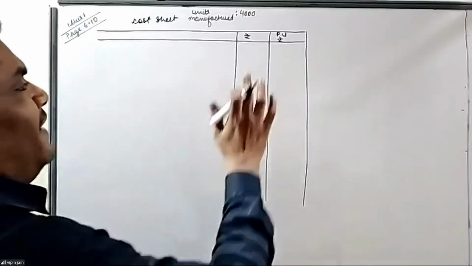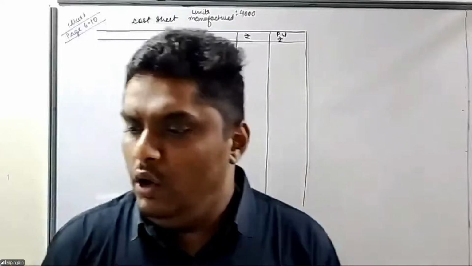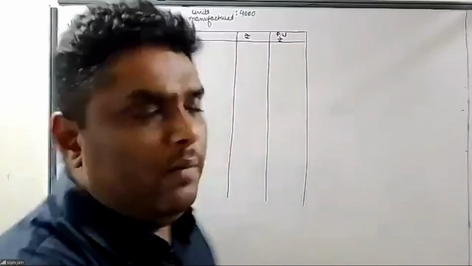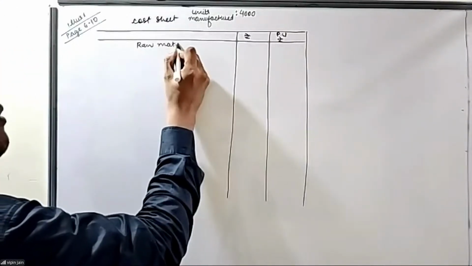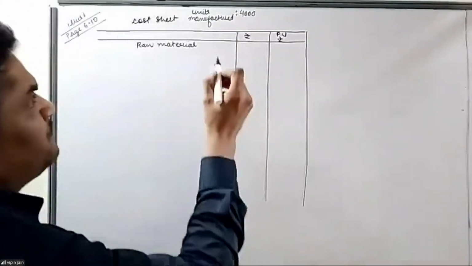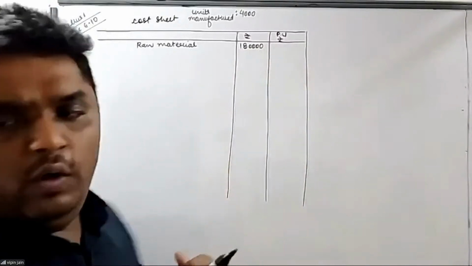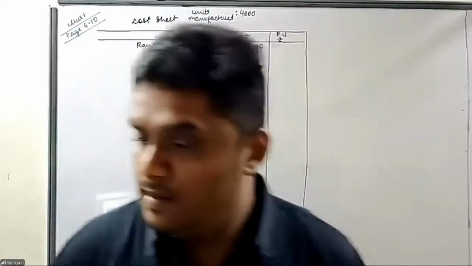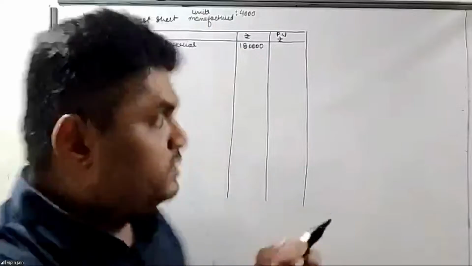So we have to prepare separate columns for total and per unit. Now, no information is given as regards opening stock, closing stock, and purchase of raw material. Directly raw material is given, 1,80,000, divided by 4,000 units. So it comes to 45.